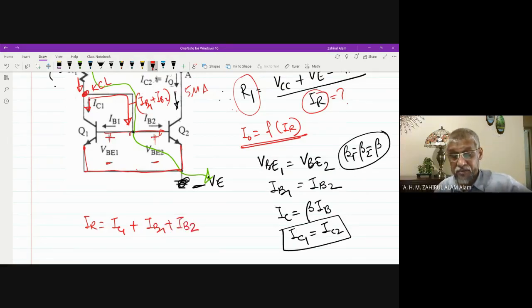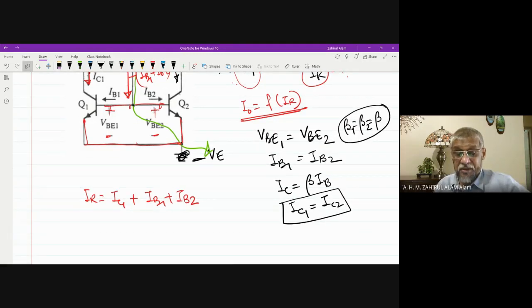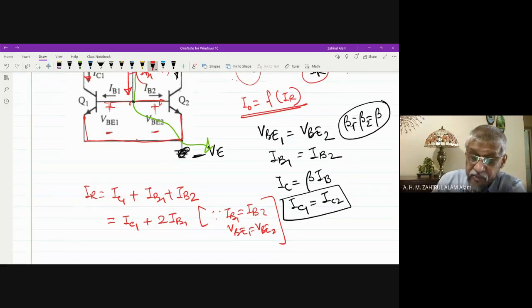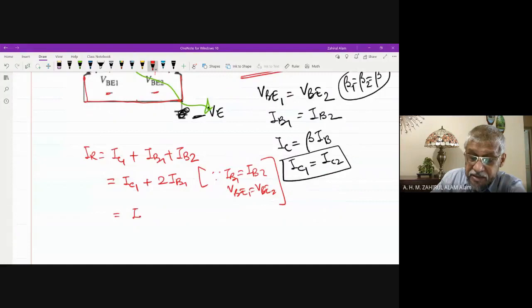Now I can write IC1 plus IB1 plus IB2, because as I mentioned, IB1 equals IB2 due to VBE1 being equal to VBE2. So now I can write IC1 plus 2 IC1 divided by beta.